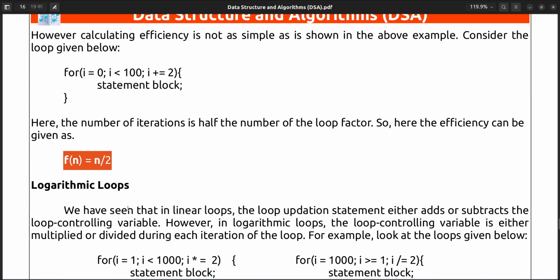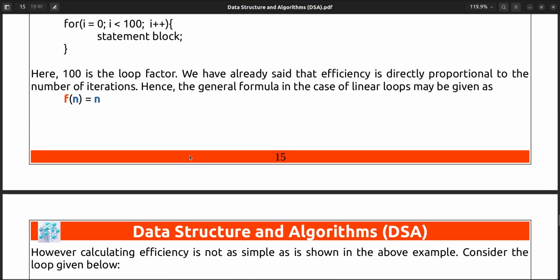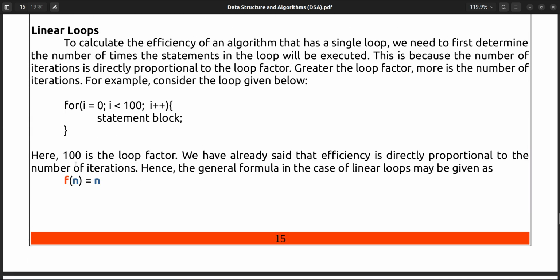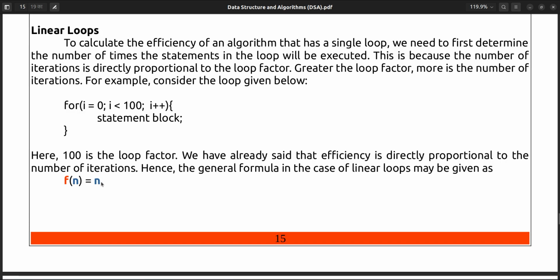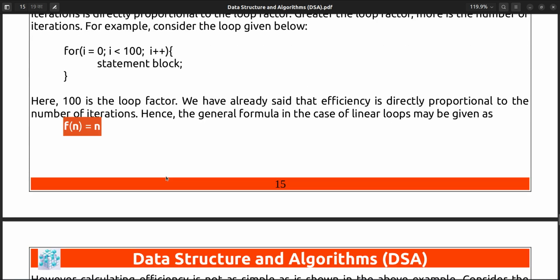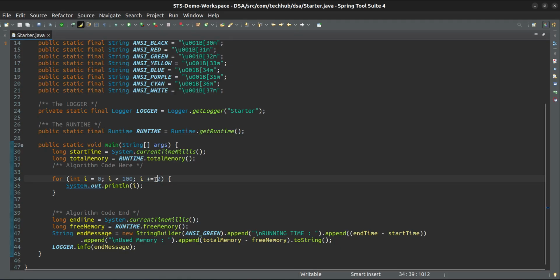Okay. Next one is logarithmic loops. We have seen that the two loops above are linear, directly proportional to the number of iterations. N, that many times it will be executed. If the increment is multiplied by 2, or if you do plus 3, then how many times will it be executed?